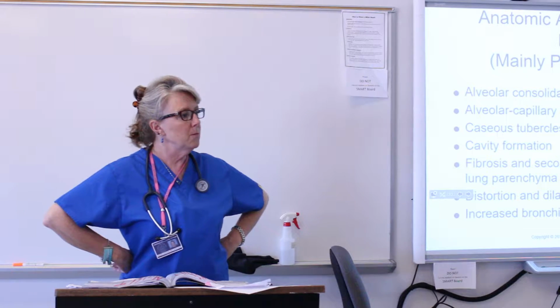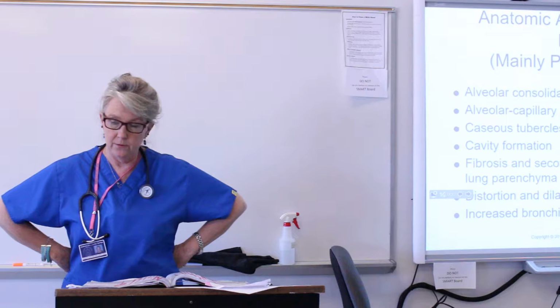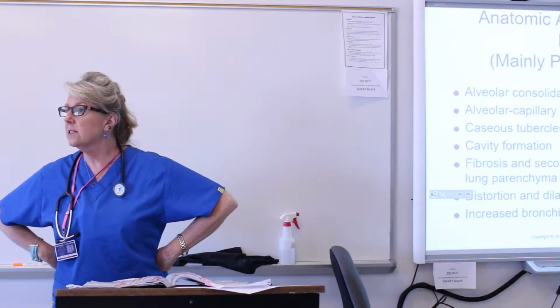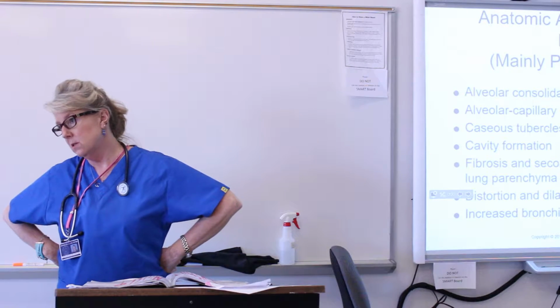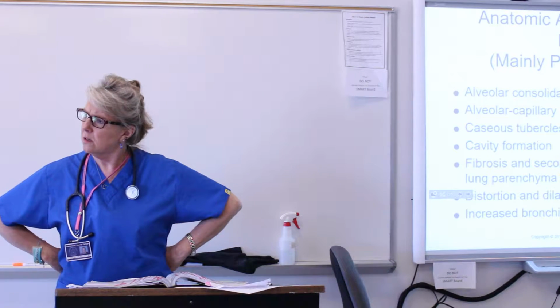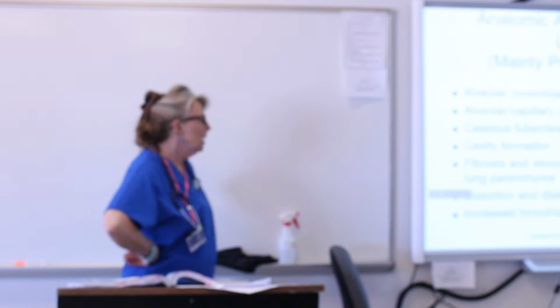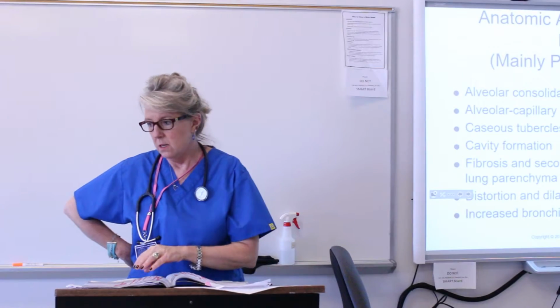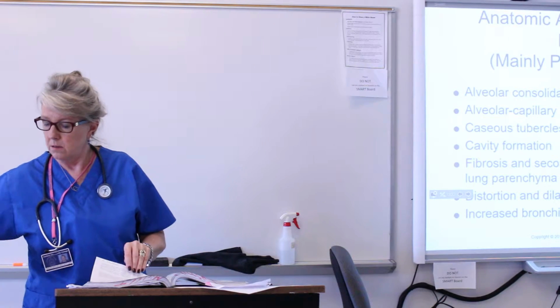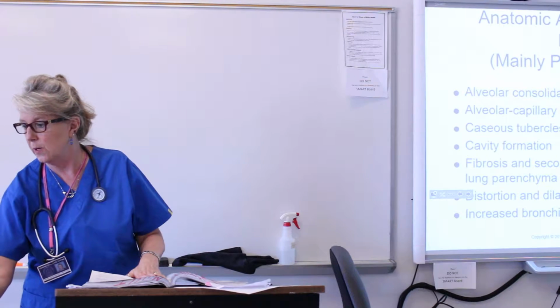Primarily restrictive. If the bronchiectasis forms, then it becomes mixed. Does that make sense to everybody? And airway secretions can increase, and that would also add to the obstructive component.